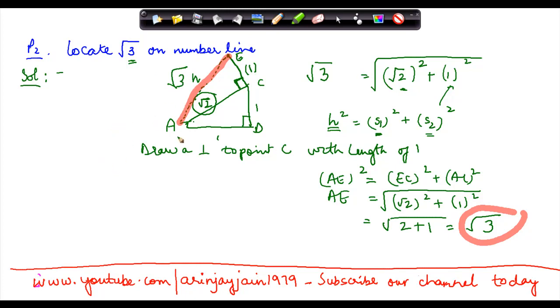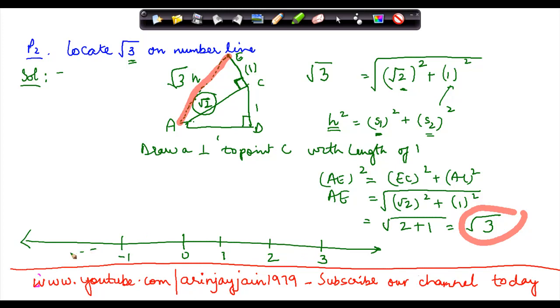Now what do I do to find out this length on the number line? Exactly the same thing. I create a number line: 0, 1, 2, 3, -1 and so on. I again put this point A here on the number line at 0. Let me use a different color.